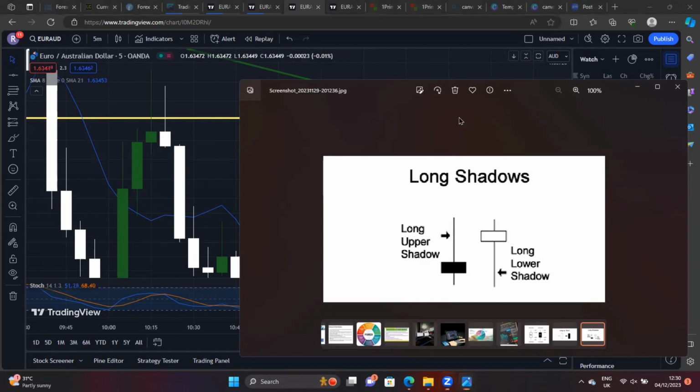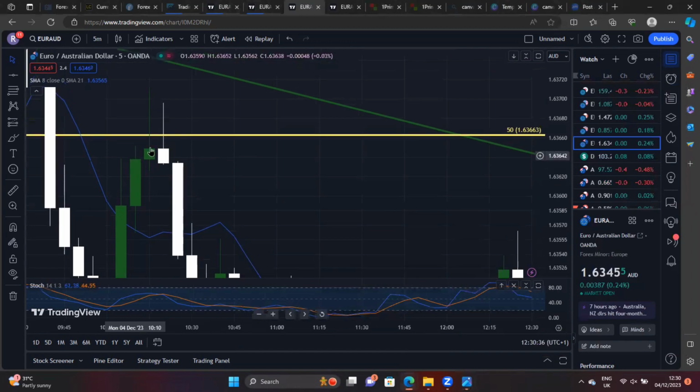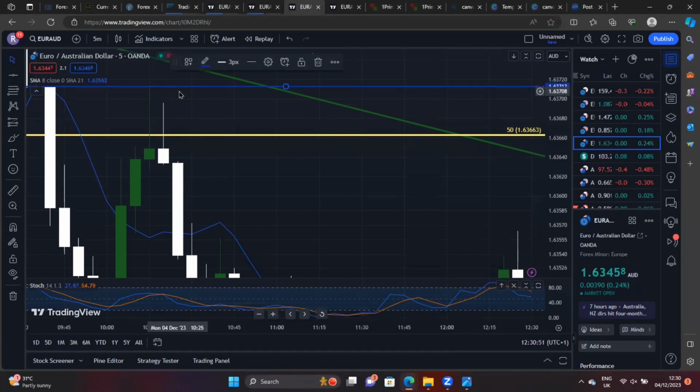Is that understood? Now, what we're trying to say is that buyers do not have the capacity, the strength, to pull price to this zone. Look at the zone. But they struggled.